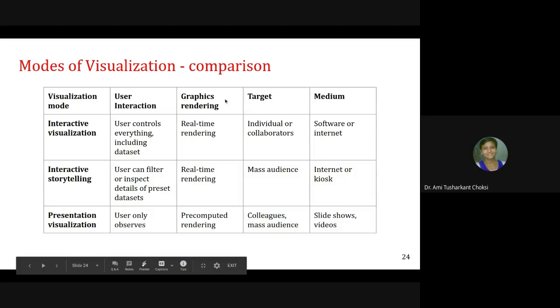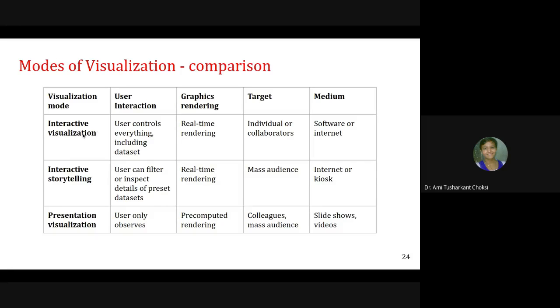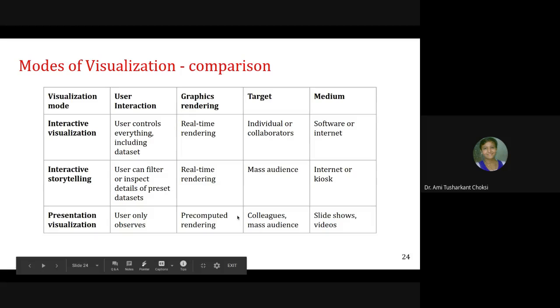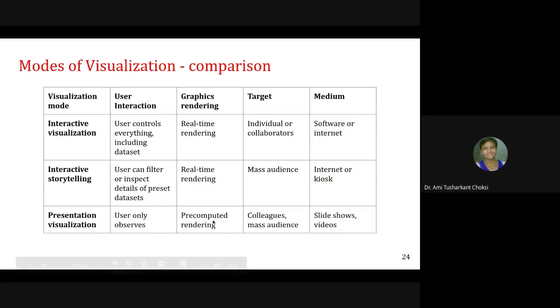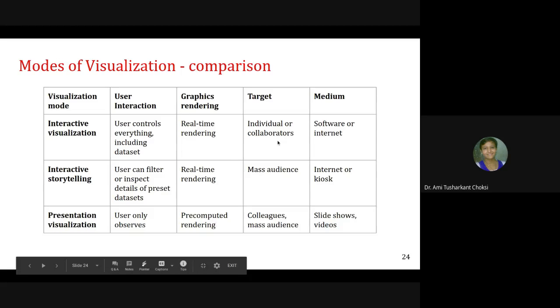With the graphics rendering feature, what do we say about interactive visualization? That is real-time rendering. Same is the case for interactive storytelling. So what about the presentation visualization? That is pre-computed rendering.